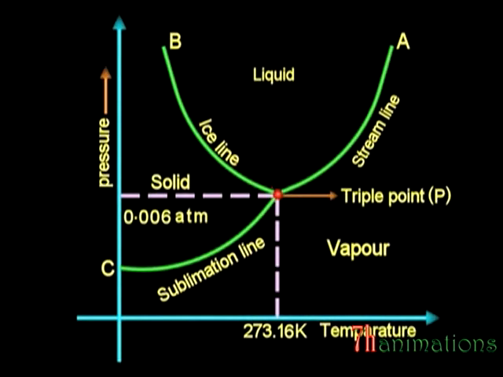That means the triple point is a point, related to temperature and pressure coordinates, where the water can exist in three phases. Three phases means solid, liquid and gas phases.